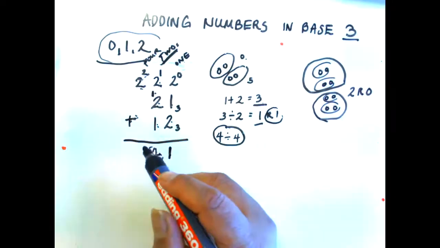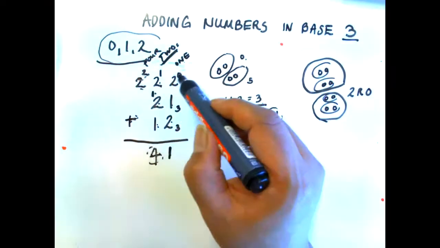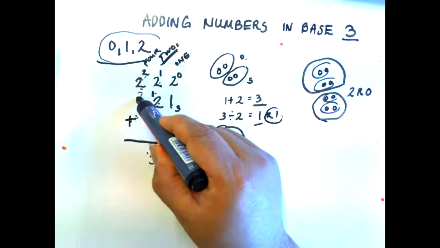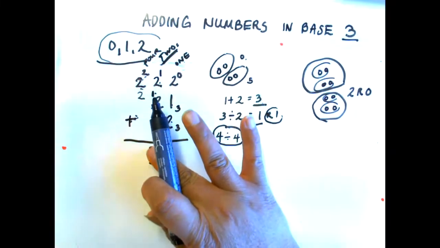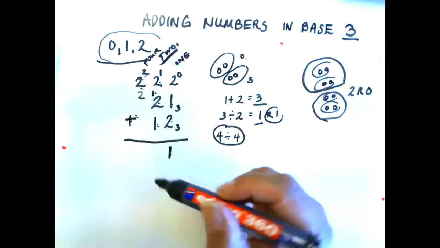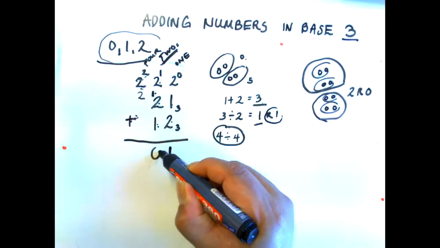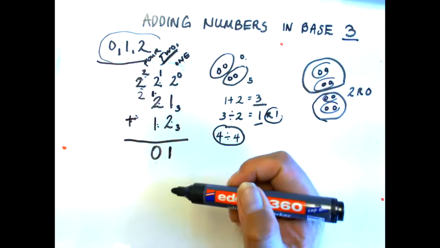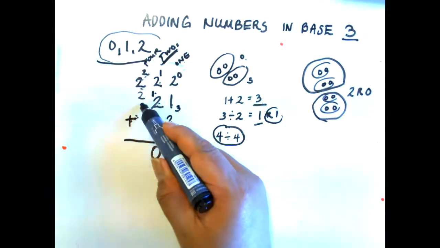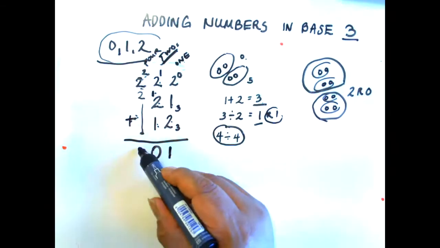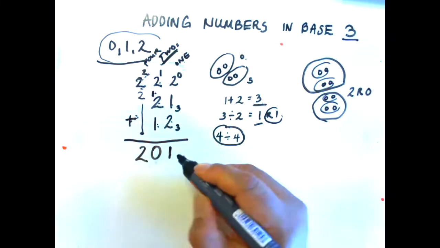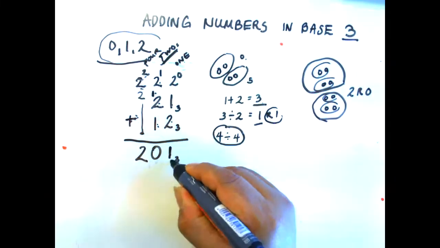So here you could say the answer would be 2 remainder 0. And then you bring down the one that you carried in, and your answer is 2, 0, 1.